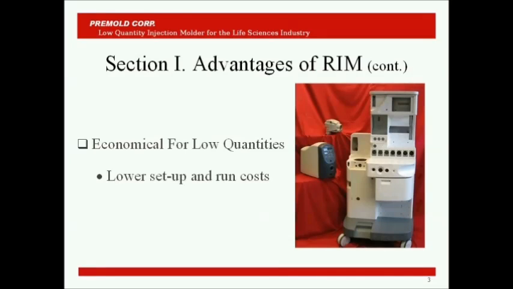As a result, production setup times are shorter, and RIM parts, like those pictured here on this slide, are produced in small batches that minimize customer inventory costs. Production batches of 25 or 50 parts are quite common. This is particularly advantageous for manufacturers in the life sciences industry needing large enclosures and housings for their instrumentation.